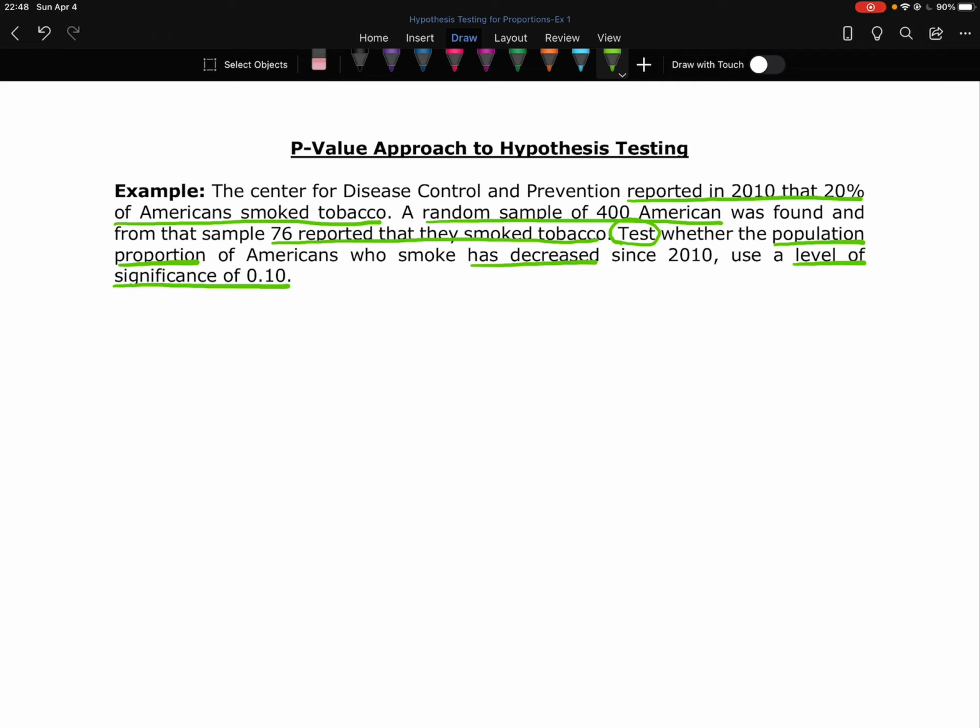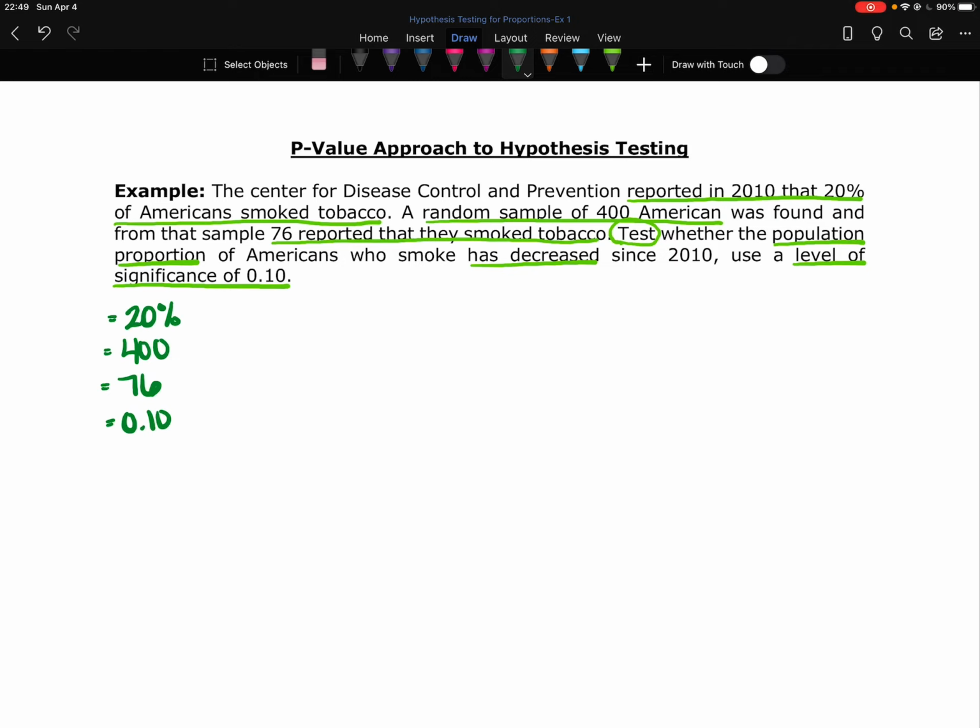So I'm going to start by taking all of the numbers that I underlined, and I'm going to write them off to the side. So I have 20%, 400, 76, and 0.10. And I'm going to identify the symbol that each of these represent.